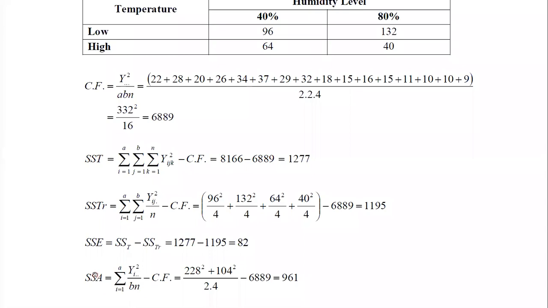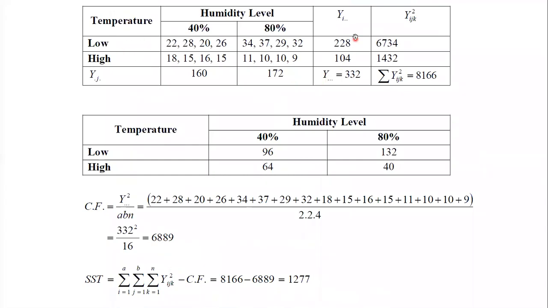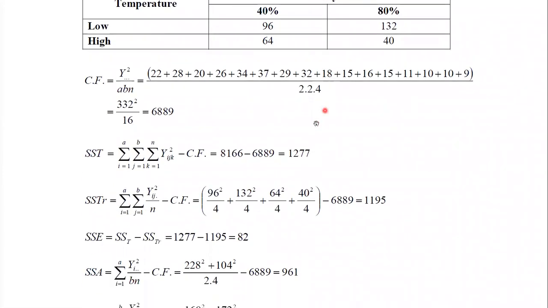Here we have identified A as the temperature. Since A is temperature, we need to get the row totals. Therefore, first of all, we identify the row totals, then square them and add them together.